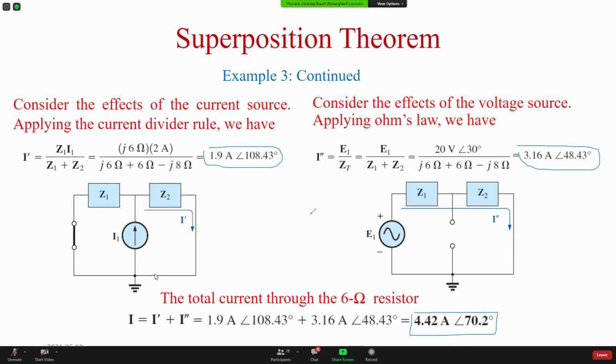So if you have 10 sources, you're going to have 10 different circuits, one source at a time. If you have 5 sources in the circuit, you're going to have 5 different circuits. Each circuit will have one source only.